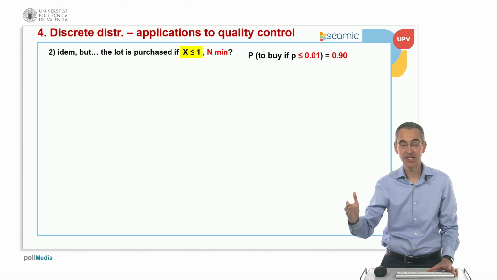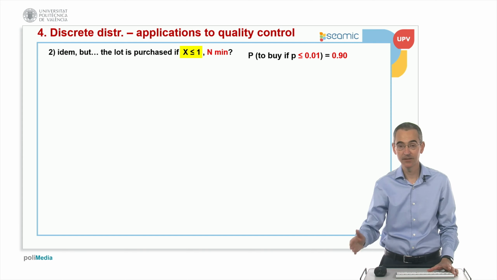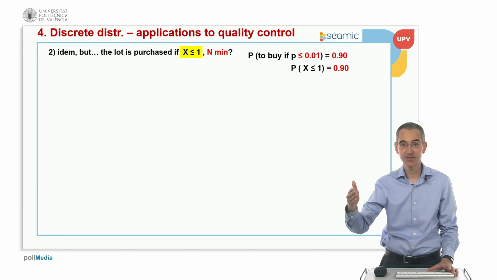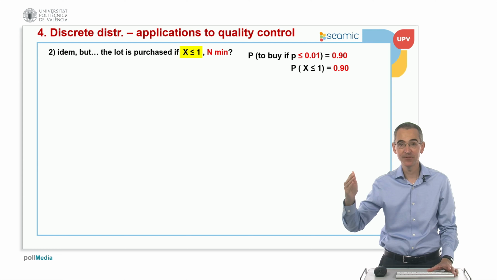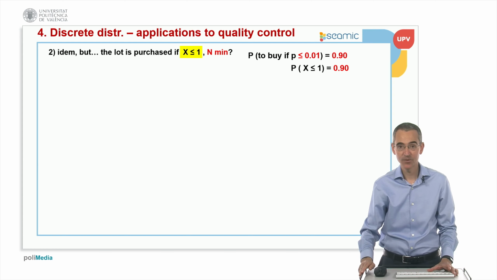The probability to buy the lot if p is less than 1% would be 90%. But now this is what is different: the probability that the number of tangerines with seeds is less than or equal to 1 is 90%.